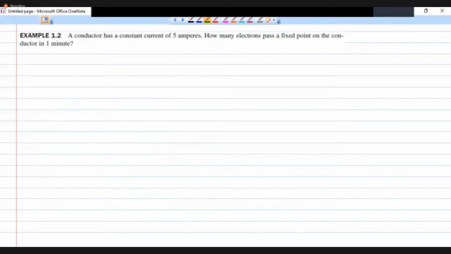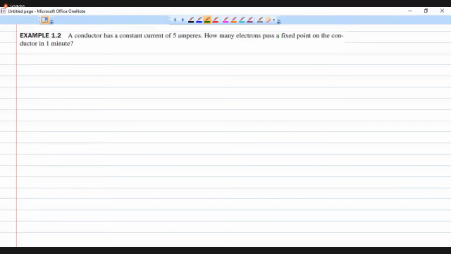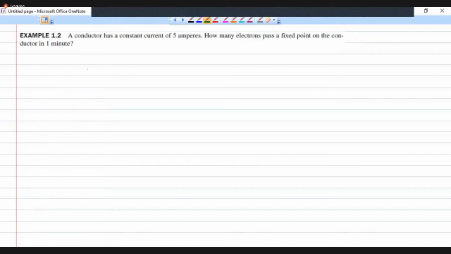I is equal to Q by T, and then Q is equal to N E. We are given the current as 5 amps, and the time as 1 minute.